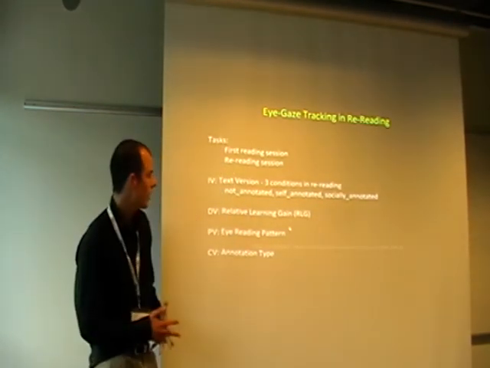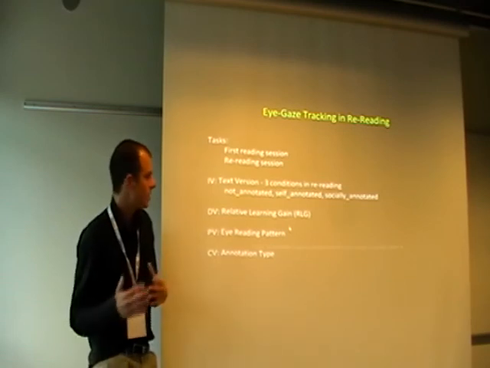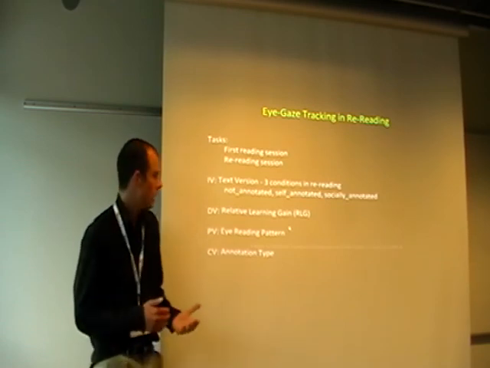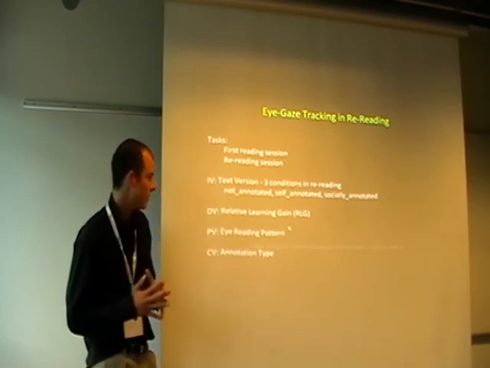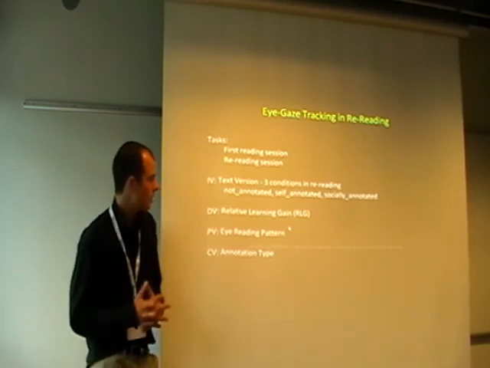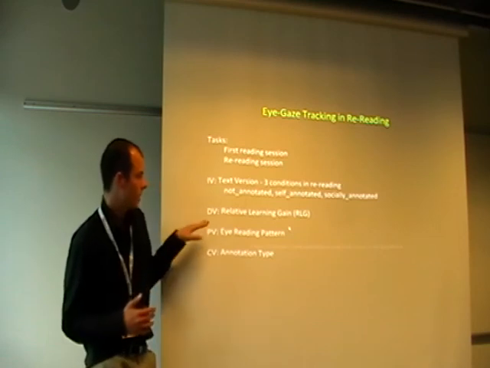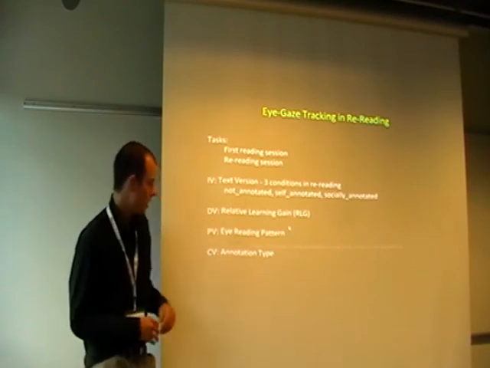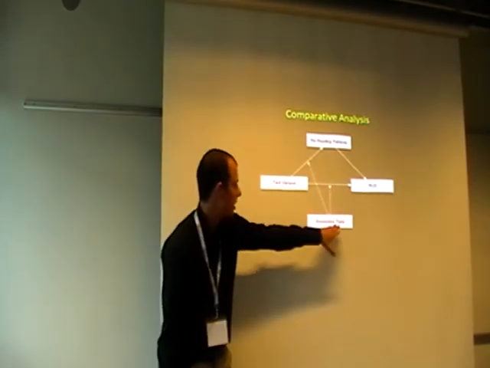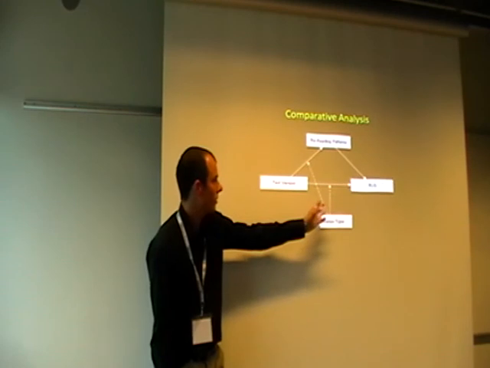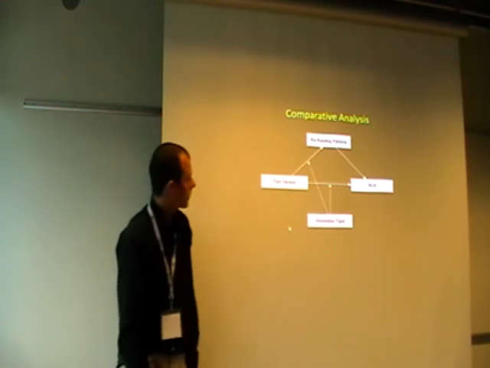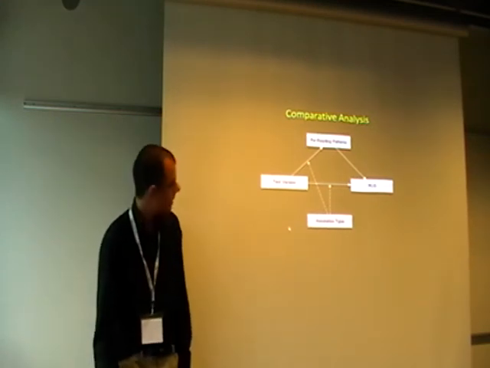We would like to investigate whether these three different text versions lead to a better understanding of the text or not, and if this outcome is explained better by the gaze data. And to see if the annotation type will affect the outcome of the experiment. That's it.